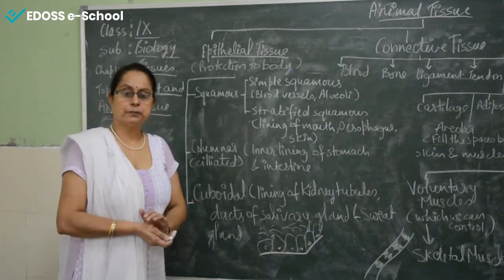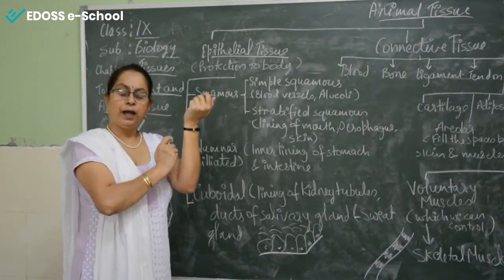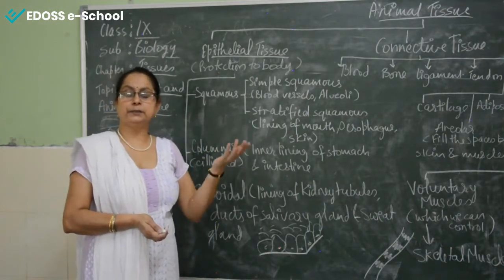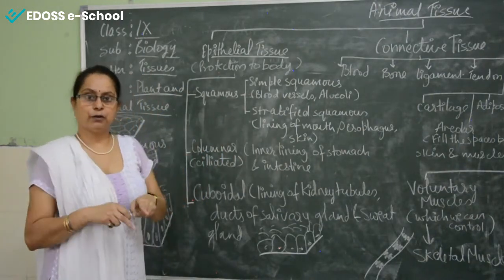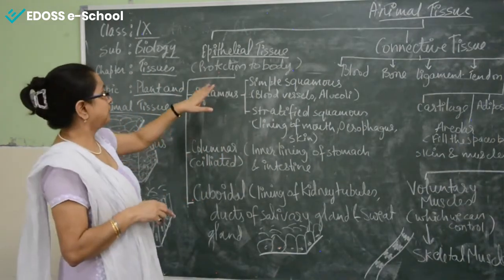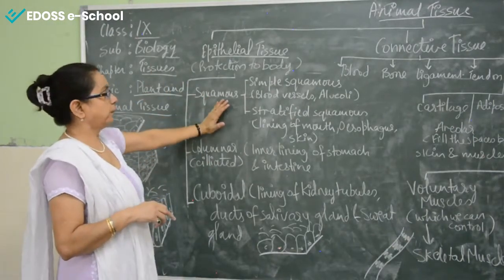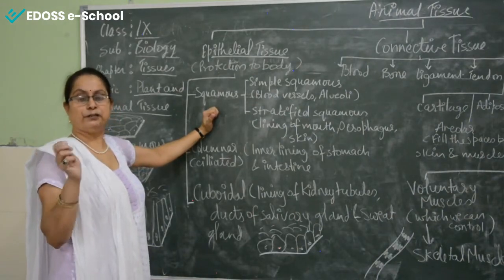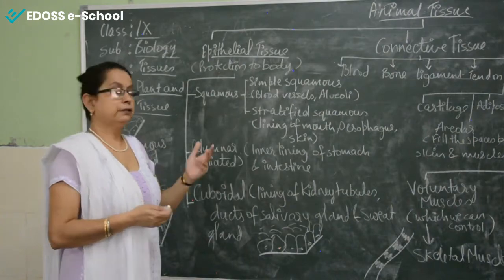If you are talking about humans, the skin is epithelial tissue, and the organs inside, whether it is liver, stomach, kidney, every organ has an outer covering, and that is made up of epithelial tissue. Inside the body or outside the body, the main function is to provide protection to the body from the microbes or the infections, right?